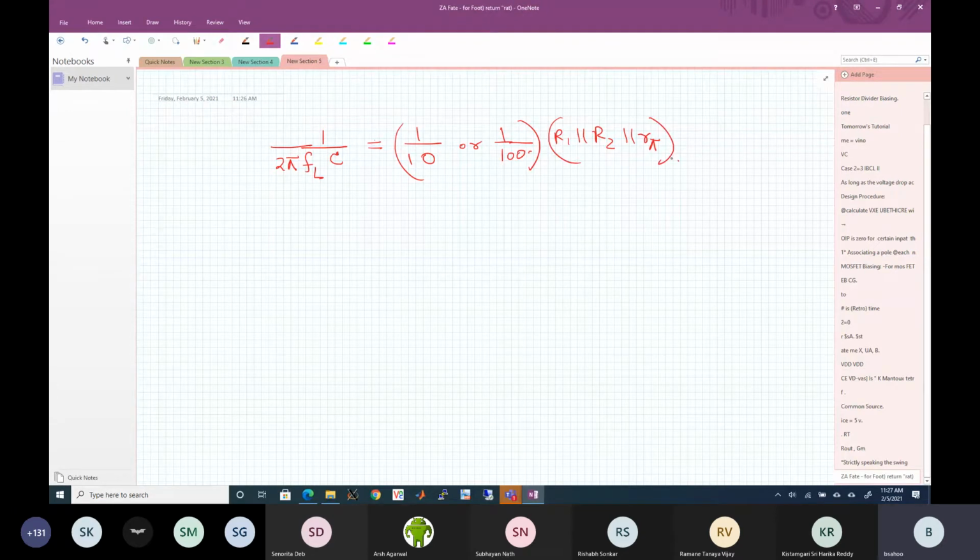Am I clear? Any questions on this? Obtain the capacitor. Then obtain CC.